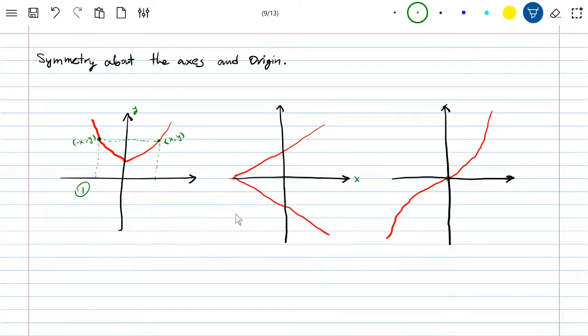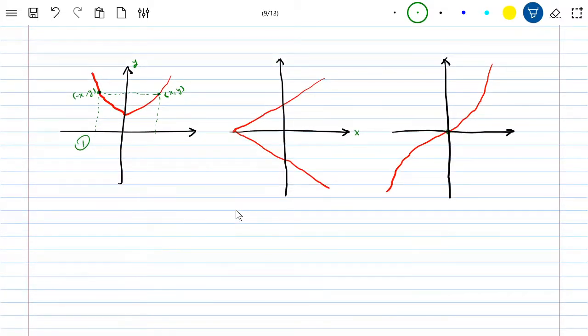So if you're checking for symmetry about the y-axis, what you need to do is replace x with negative x in the original equation, and check to see if you get the same equation.